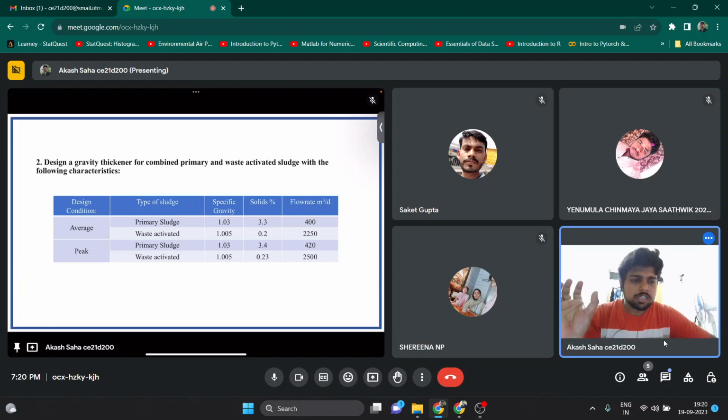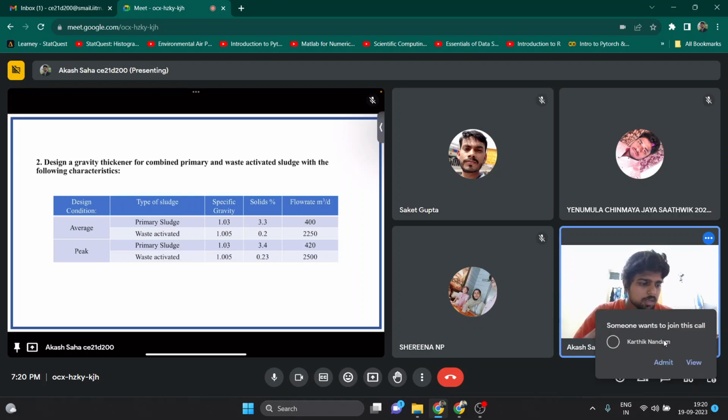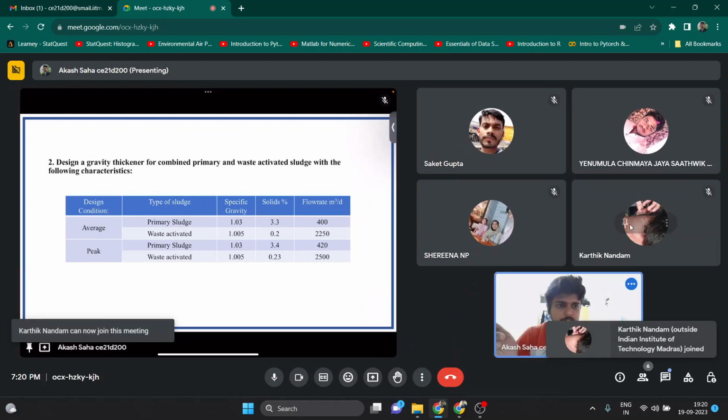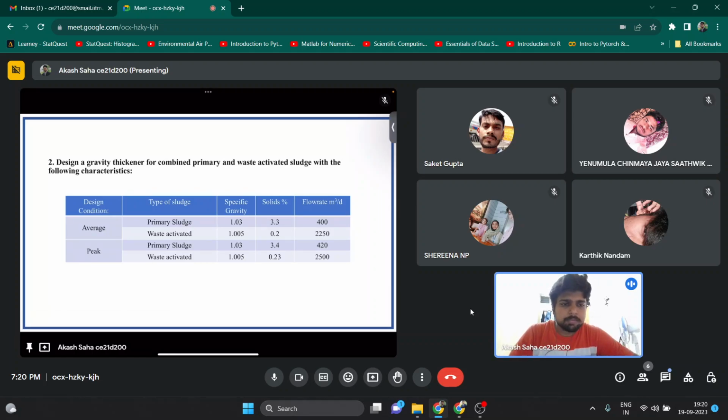That dry solid content question can be a question in GATE, or they can give you the dry solid content and ask what will be my reactor dimension, if my solid loading rate is this much and this is the flow rate. So though not the full question, any part of this design problem can be a GATE question.